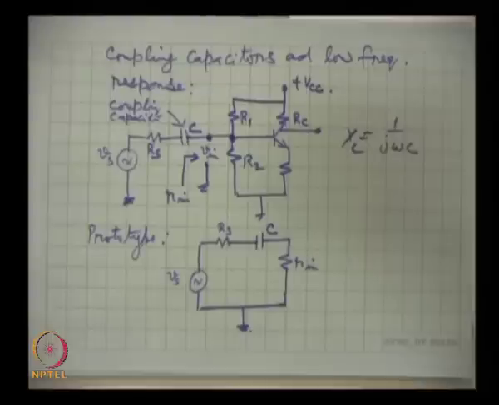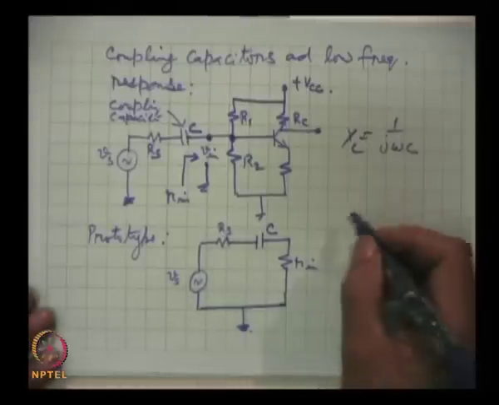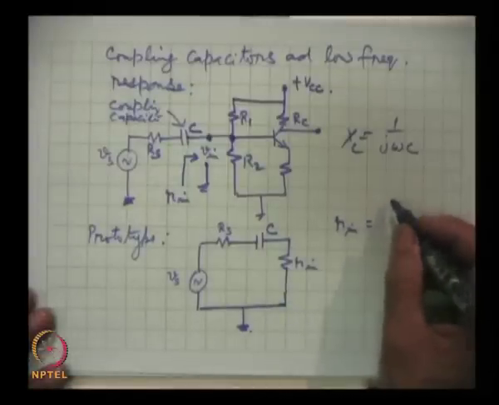This is the capacitor, Rs the source resistance, and R in is the Thévenized input resistance of the amplifier.